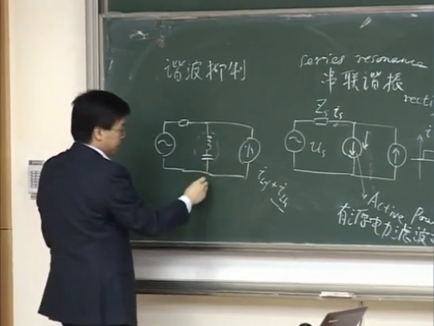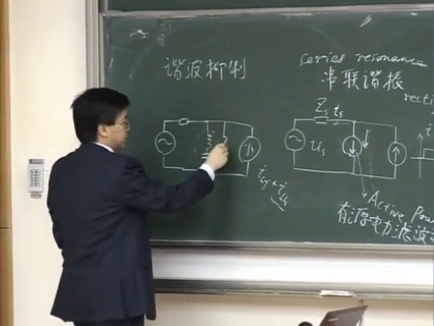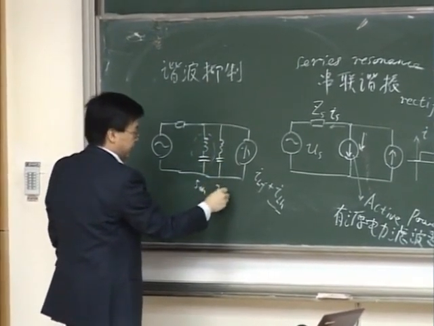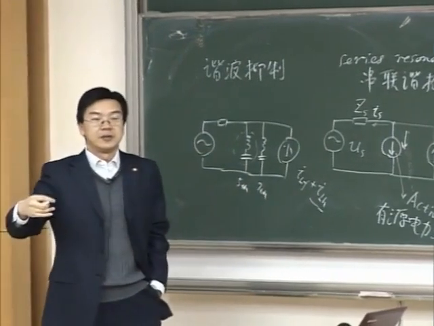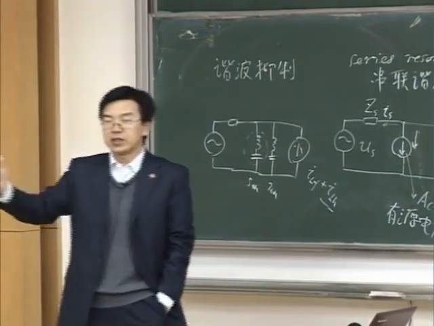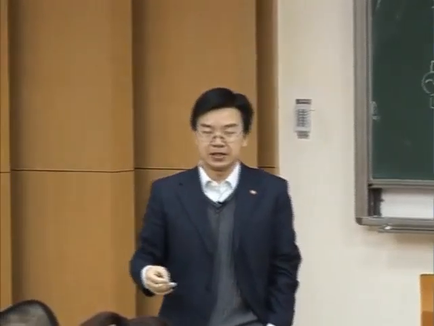For fifth harmonics, I have to set a filter. For seventh, I have to set another filter. 11th, 13th. So for different frequency harmonics, I have to set different LC filters to eliminate that frequency of harmonics. That's for passive filter.